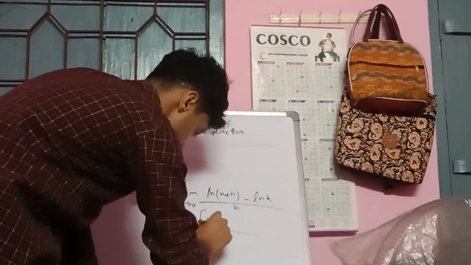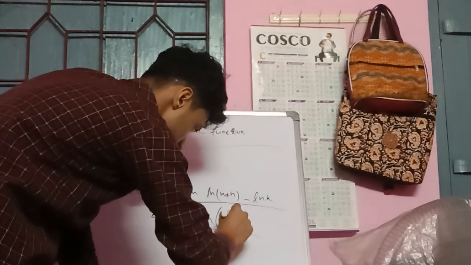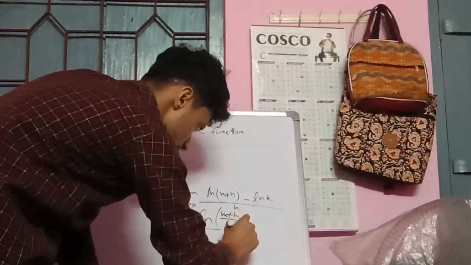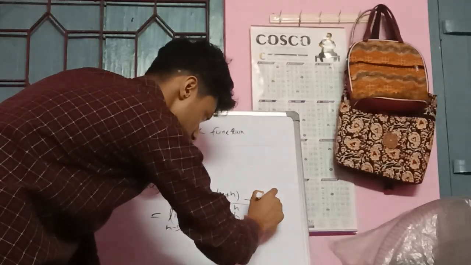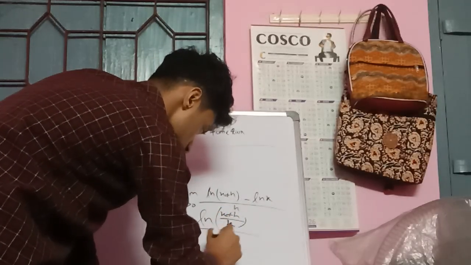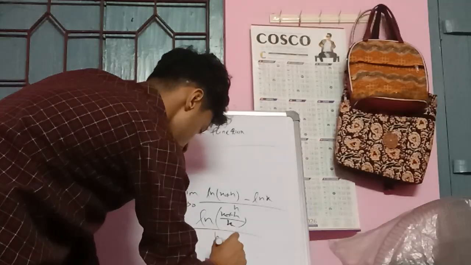This would just become ln of x plus h over x, all over h.